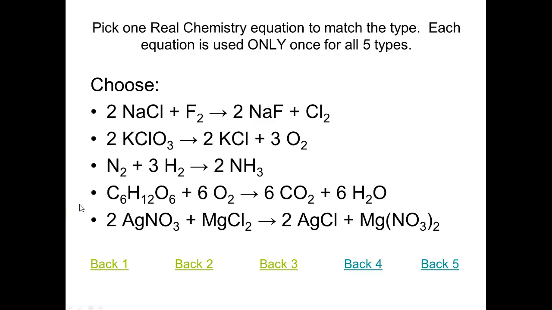We're looking for something that has 2 compounds on both sides, and the 5th equation here is the correct one for a double displacement. So you have AgNO3, which is a compound, and you have MgCl, which is another compound, and they will switch. So you now have AgCl and you have MgNO3. Okay, so they are 2 compounds switching.